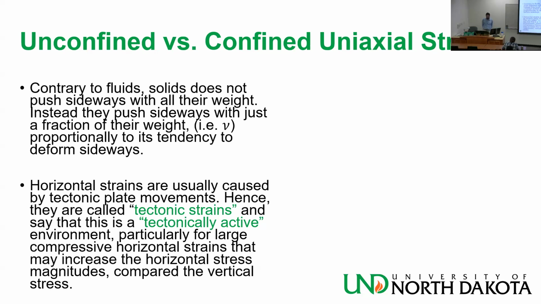Horizontal strains are usually caused by tectonic plate movements. That's what I described, basically. Hence, they are called tectonic strains, and we say that this is a tectonically active environment, particularly for large compressive horizontal strains that may increase the horizontal stress magnitudes compared to the vertical stress.